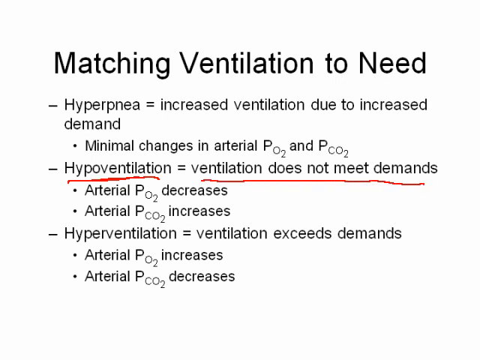Hypoventilation: ventilation does not meet demands. So arterial partial pressure of oxygen will be lower than normal, and arterial partial pressure of CO2 will be higher than normal because we are not ventilating adequately to meet the metabolic demands. Hyperventilation is the opposite. Ventilation exceeds demands. So in this case, arterial partial pressure of oxygen will be generally above normal, and arterial partial pressure of CO2 will be below normal.